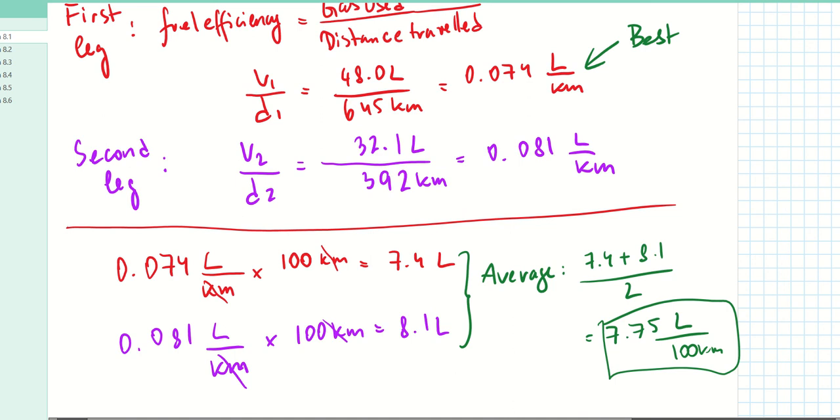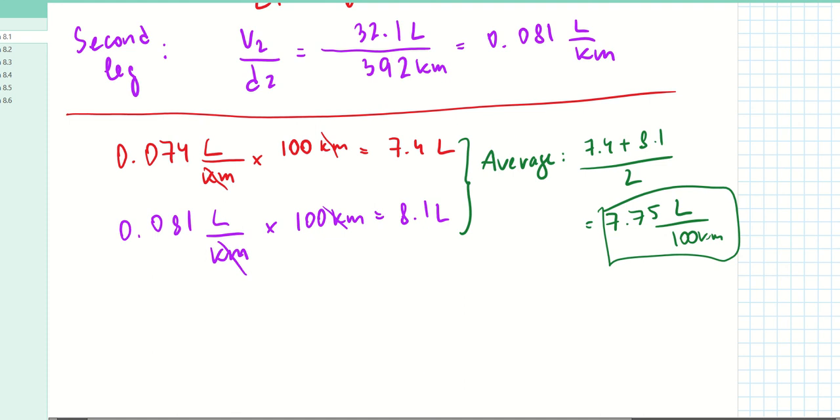Because he was driving on the highway, his fuel efficiency was 7.75 liters per 100 kilometers. The user manual claims 7.6. So that's pretty close. It's 0.15 off in this case. But it's fairly close to the claim. So that's not bad. That's fairly efficient.